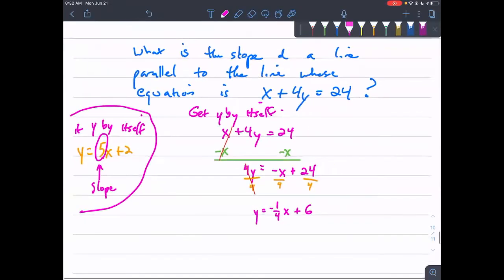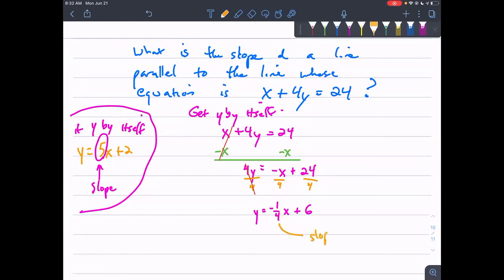Okay, so I can imagine somebody working on this for a minute and then forgetting what we're doing. Just getting y by itself so we can see what the slope is. It's asking us what is the slope of a parallel line. So if we want to know what the slope of a parallel line is, we need to know what the slope of this line is.